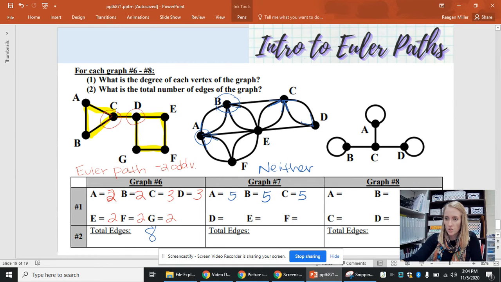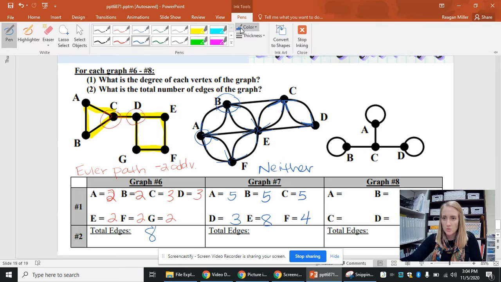You have 1, 2, 3. And then here you have 1, 2, 3, 4, 5, 6, 7, 8 at E. And here you have 1, 2, 3, 4. All right. For edges, this one gets a little crazy.